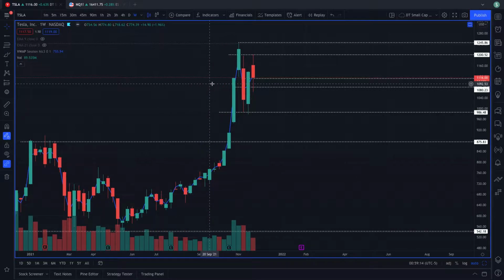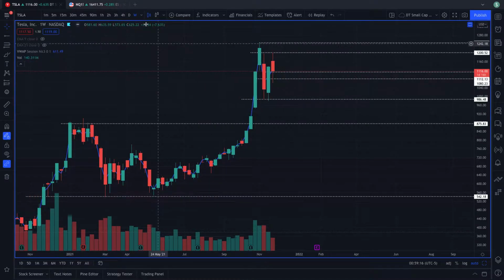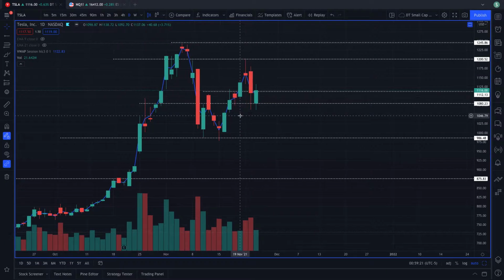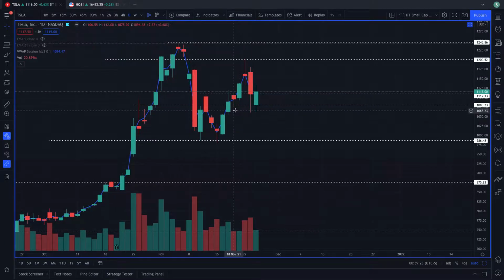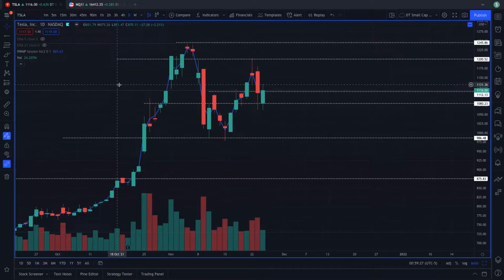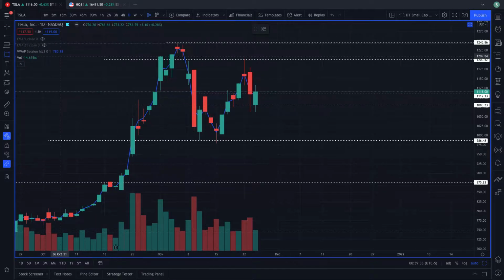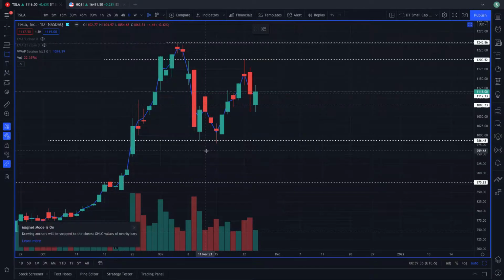Is there anything on the weekly time frame? Not really. Daily time frame. Let's see. Alright, so we have a demand zone over here, around here. I'm going to draw it quickly. So demand zone on the daily time frame in this area here.